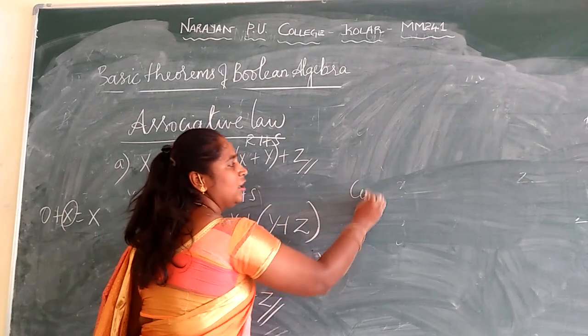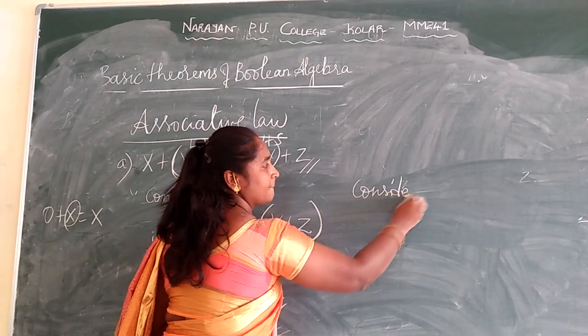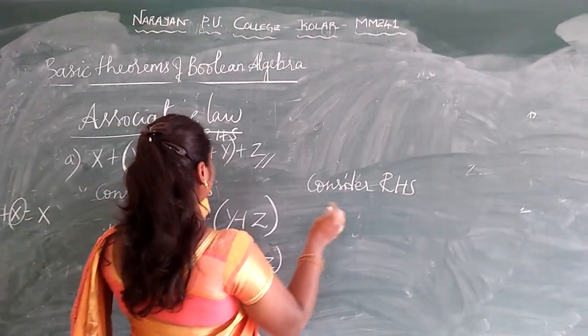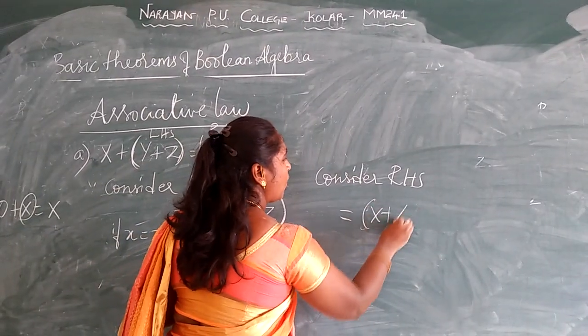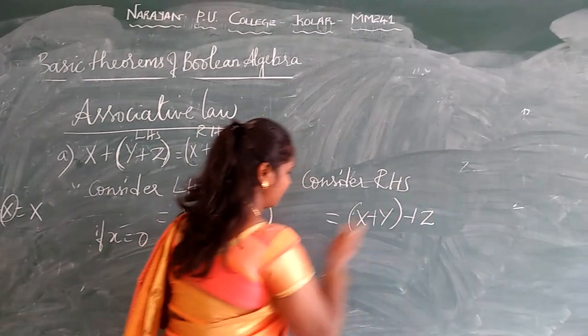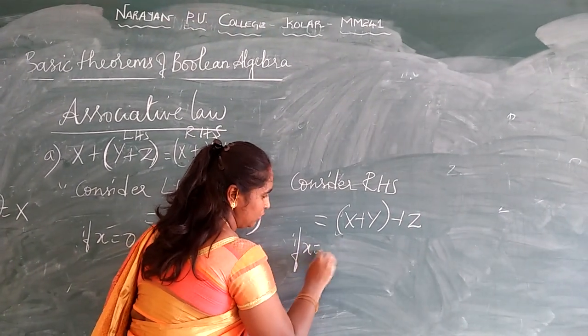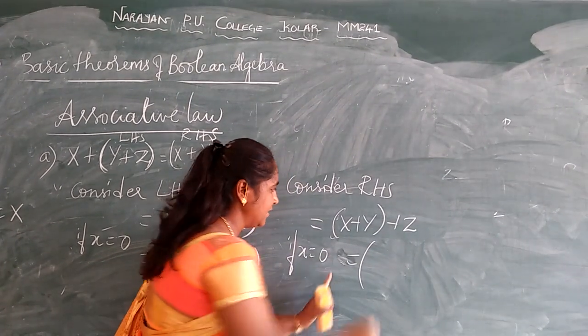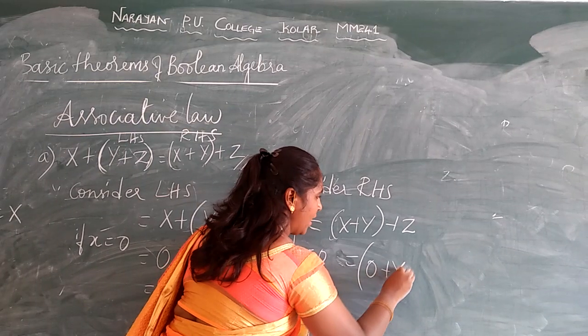Now consider your RHS, x plus y plus z. If x is equal to 0, in place of x you are placing 0 plus y plus z.